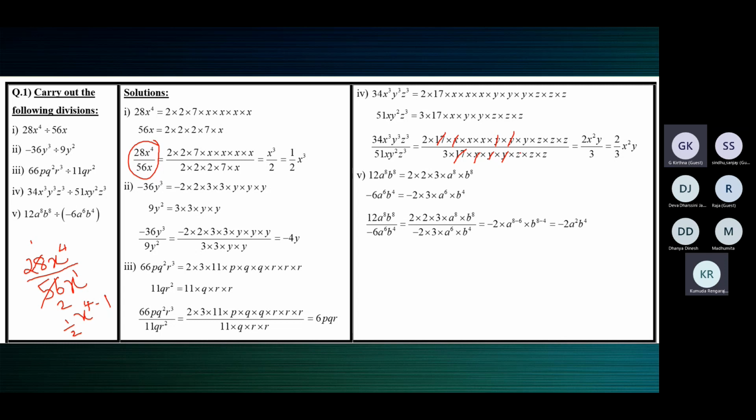All the z's get cancelled. So you're left with x square y and 2 here, 2x square y. And in the denominator we have only 3. So by 3, which can also be written as 2 by 3 x square y.